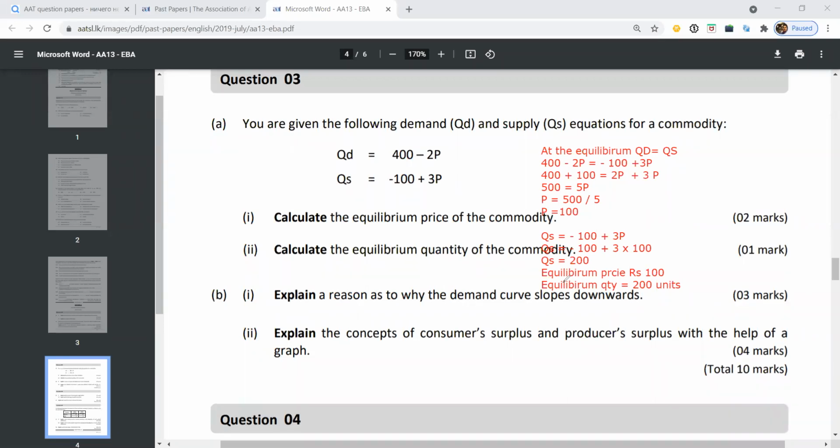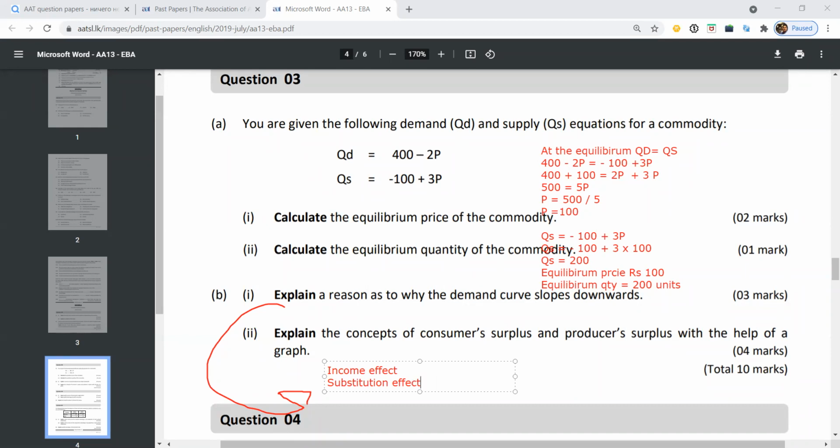The demand curve slopes downward due to two reasons. One is income effect. Next one, substitution effect. So substitution effect and income effect is considered here.